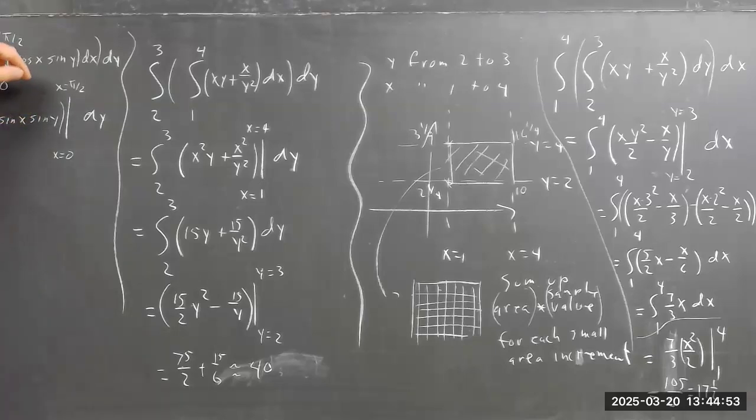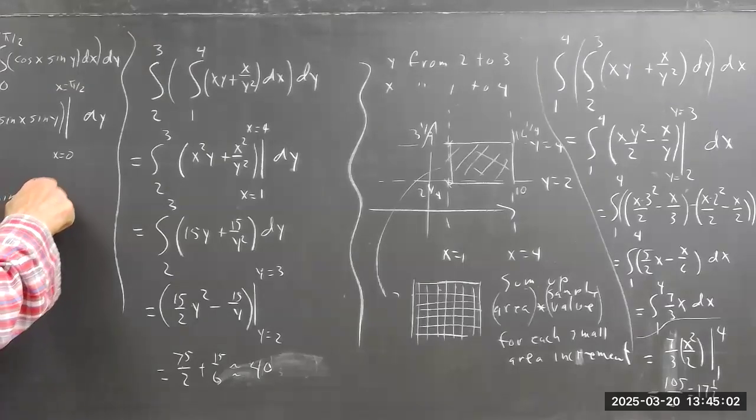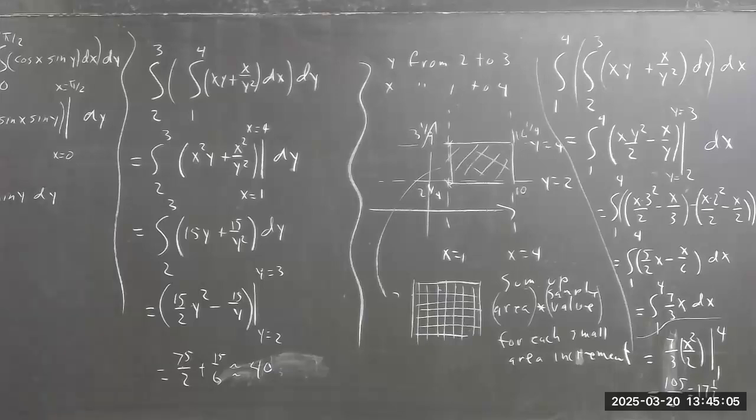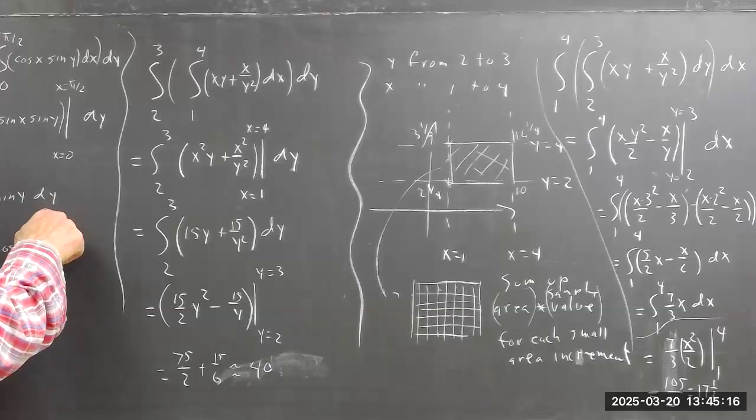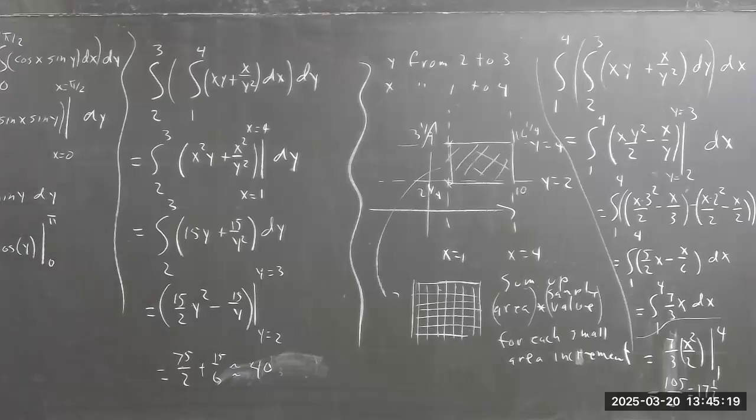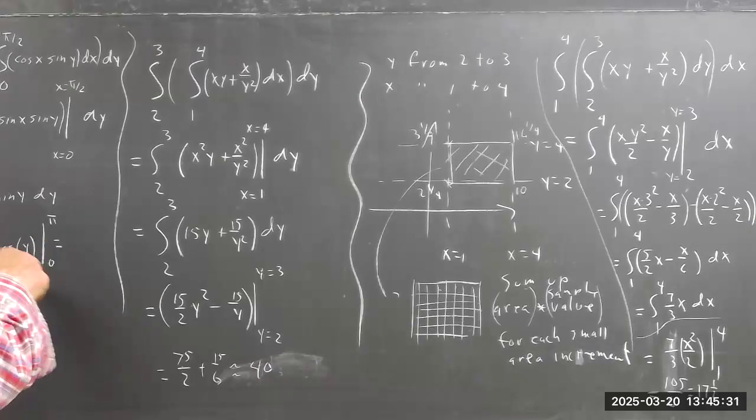So the sine of x is going to have values 1 and 0. And that's just going to give me the integral of sine y with respect to y, which is then going to be negative cosine of y evaluated at 0 and pi, equals, well, cosine of pi is negative 1, so you're going to get a 1.